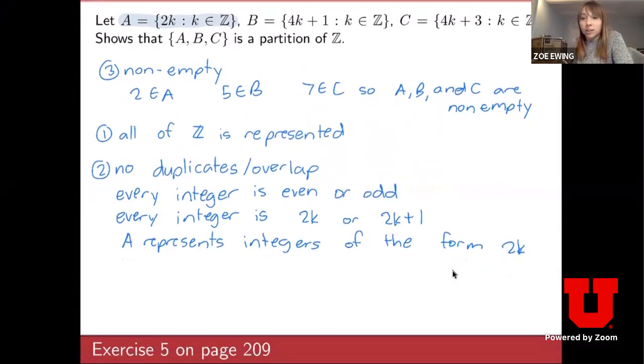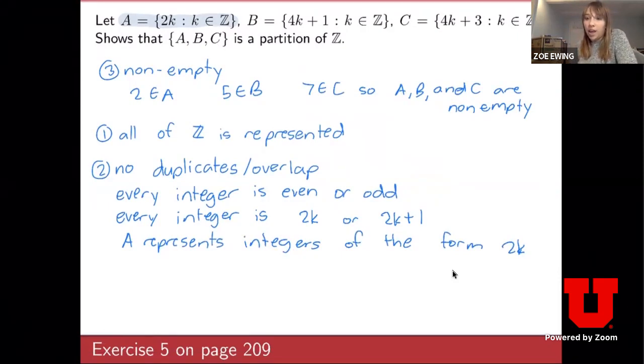And now this is where it gets a little bit tricky, right? If some integer is divisible by 4, then it is divisible by 2. And in a formal proof, you might want to go through a sub-proof and say why that is true.